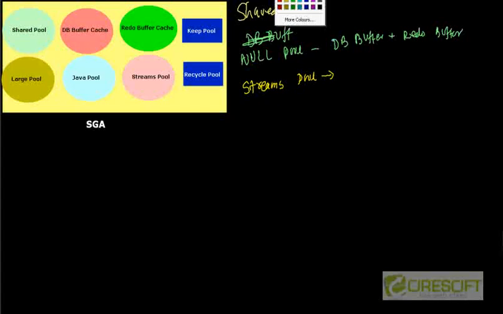Then we have something called the Java pool. You can also run Java applications inside the Oracle database, and to run a Java application, you need a JVM. A fixed amount of memory for the JVM running on your database is allocated, and that memory comes from the Java pool. The last one is called the large pool.